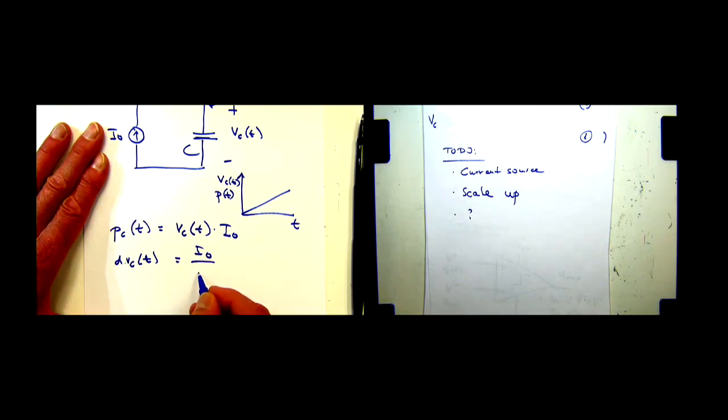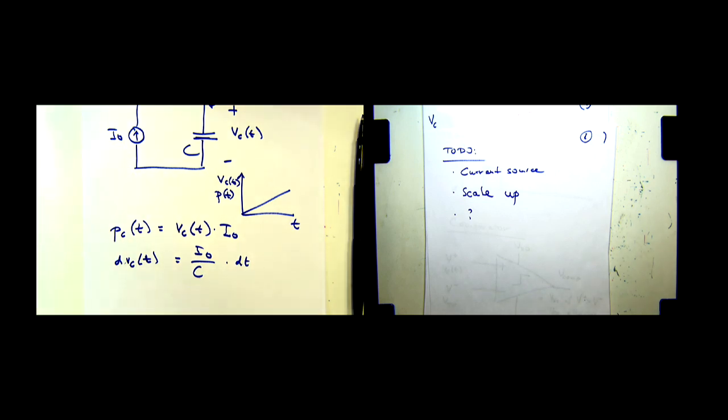So let's figure out how much power goes to the capacitor. dVc of t is going to be equal to I0 divided by c times dt.